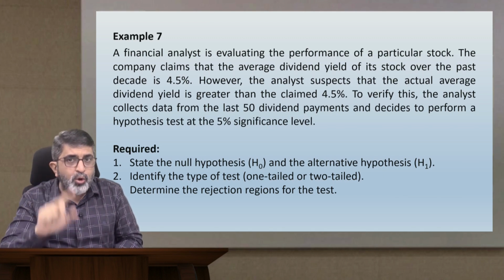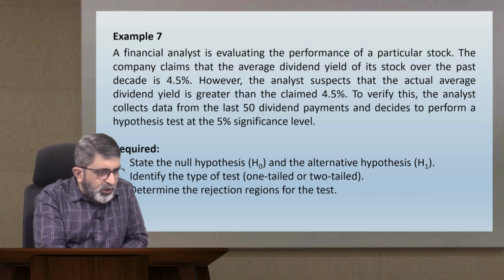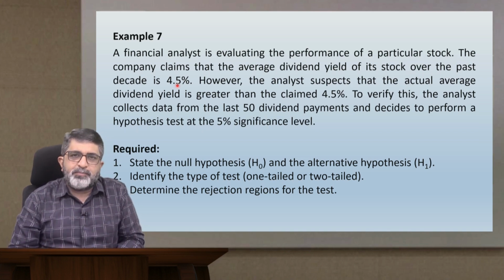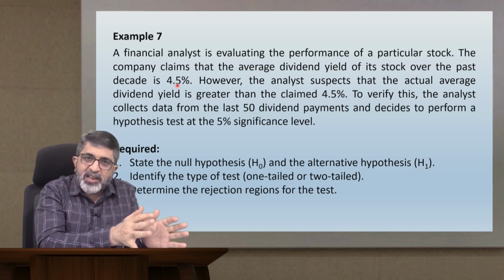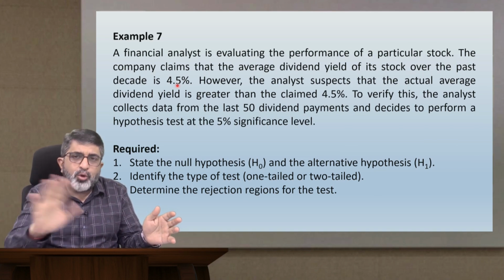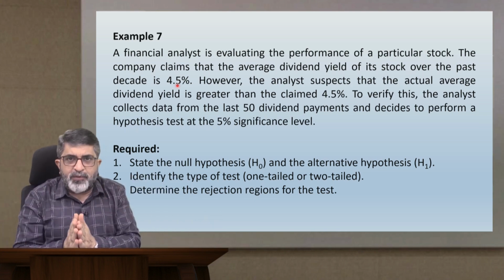You will go wrong if you do that, because look at one thing. The company is claiming that the average dividend yield of the stock over past decade is 4.5%. This is the company's claim. Somebody could have made a counter claim that no, your dividend yield is not equal to 4.5%.